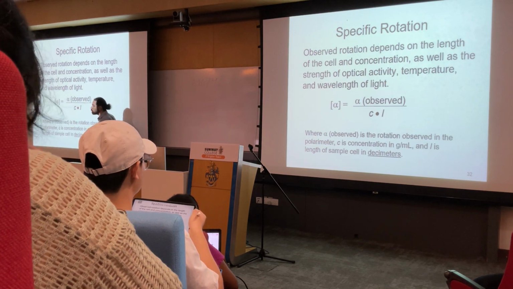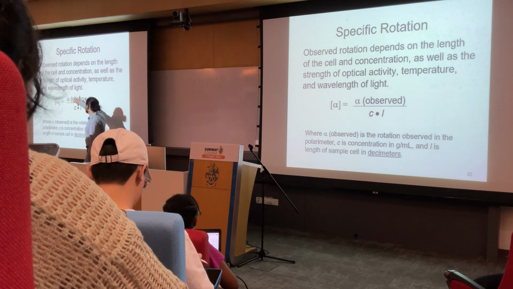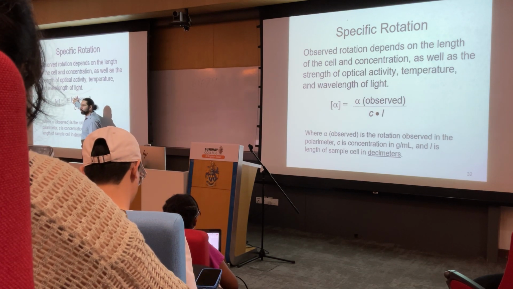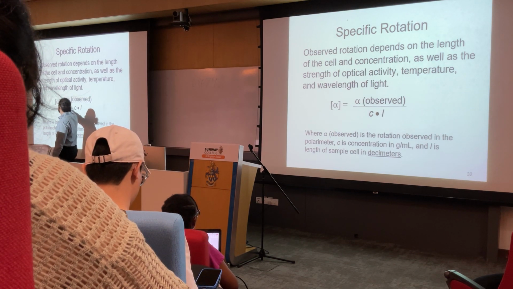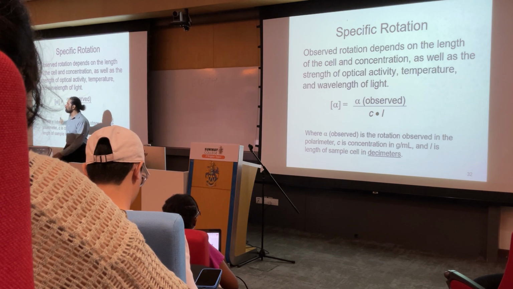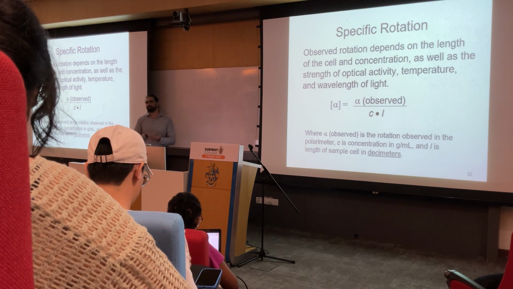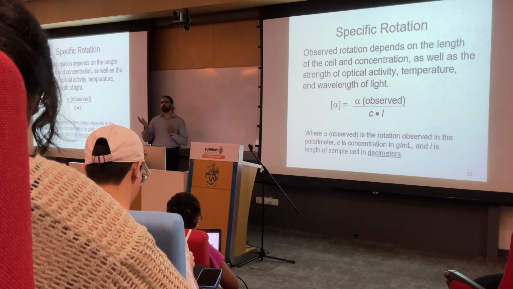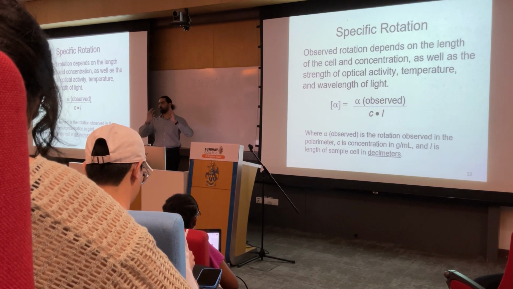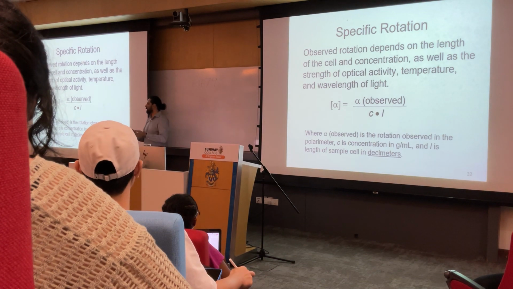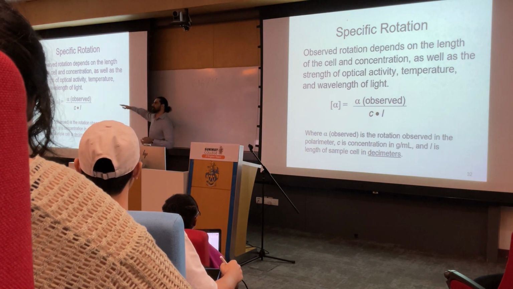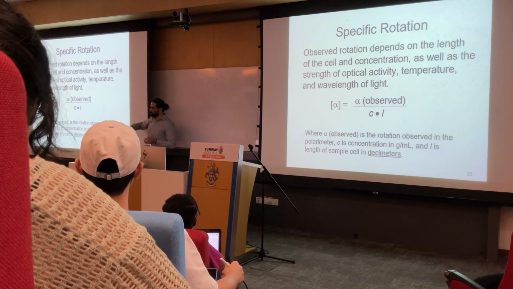So if you use these parameters, then you can use this equation and get your specific rotation. If everyone uses the same parameters, you will always have the exact same specific rotation. So any given enantiomer or diastereomer or stereochemically active molecule will have a specific rotation.